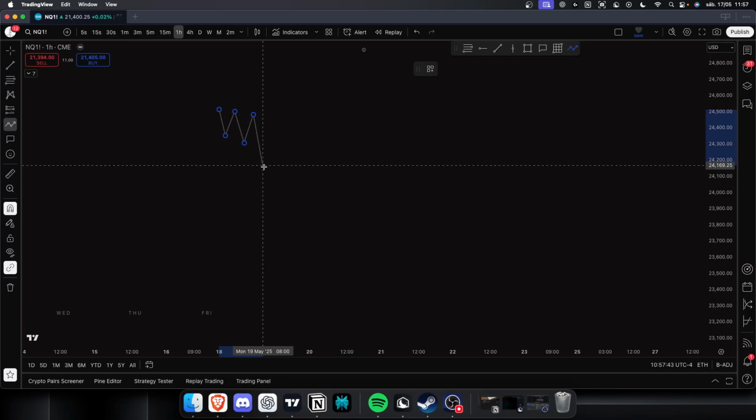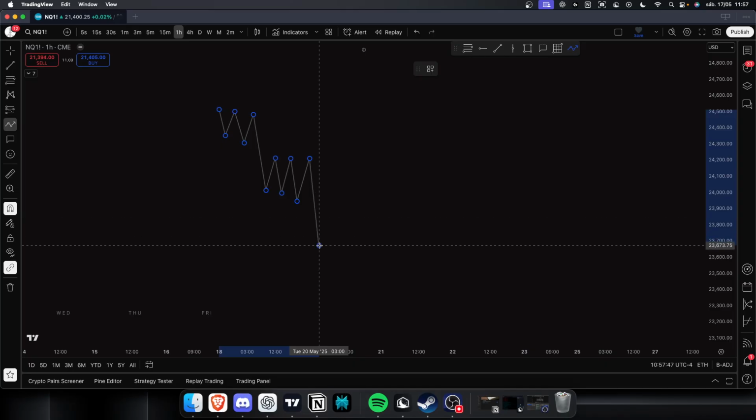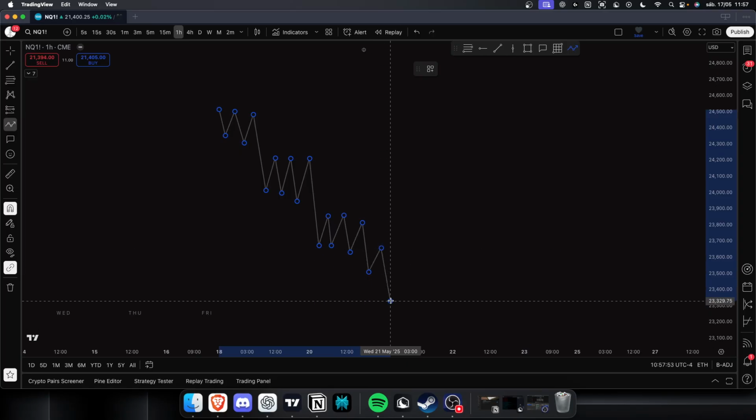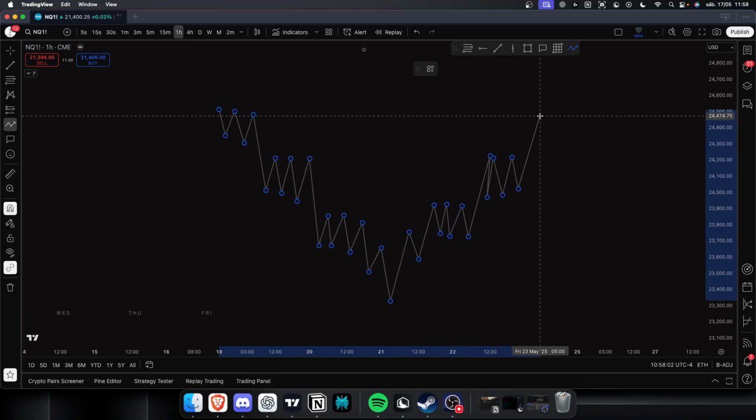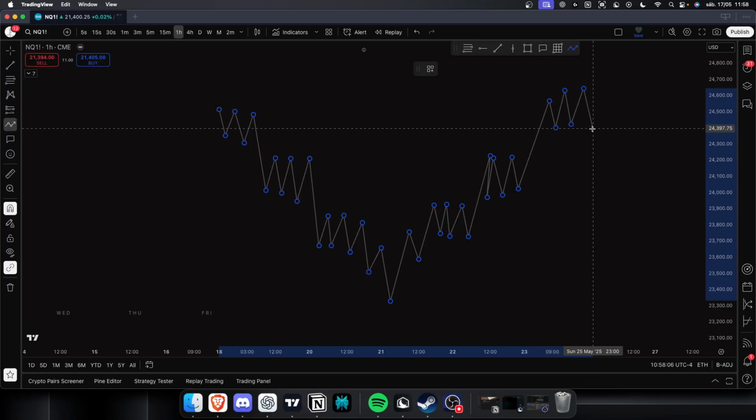MMXM structure is more or less like this. And then like this, and then I should do it like this.